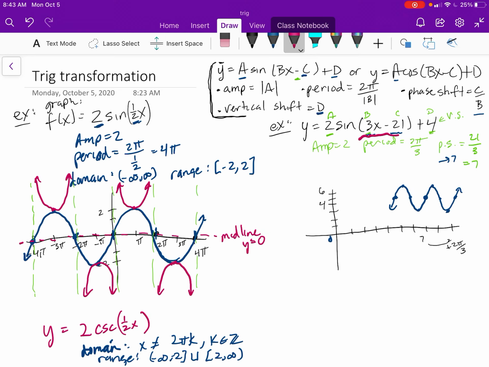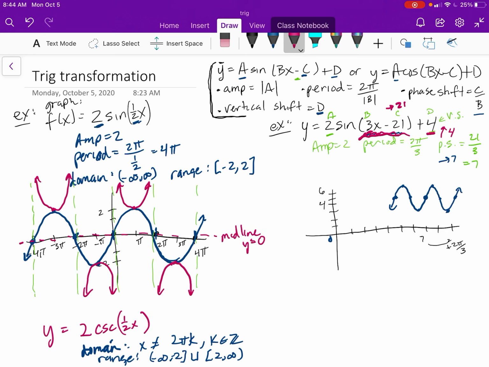Like, most people would know this is up 4. Okay, up 4. But then here, once you practice some, we get that negative, like, all right, we do the opposite, so we think right 21. But notice when we went right 7. It's because, especially in trig, this whole bx minus c part starts to play around with where exactly this periodic function is going to occur. Now, even in a parabola, this actually wouldn't go right 21 because of this 3 there.